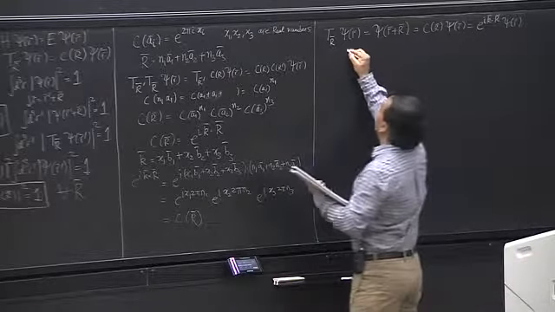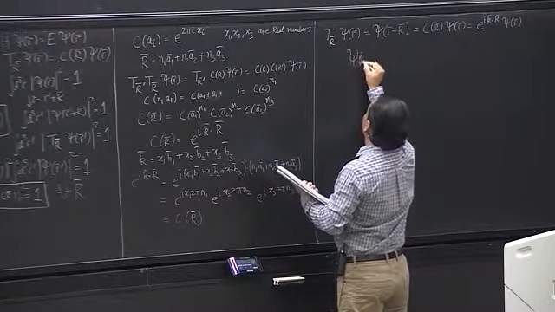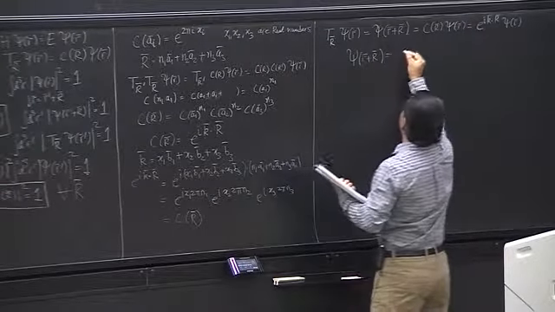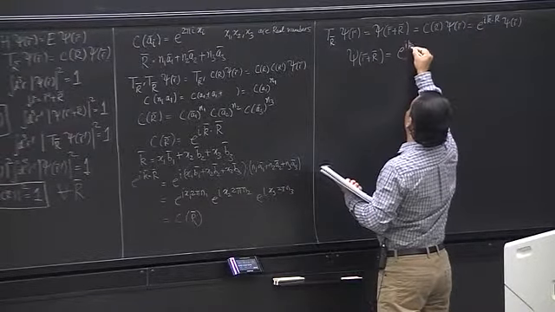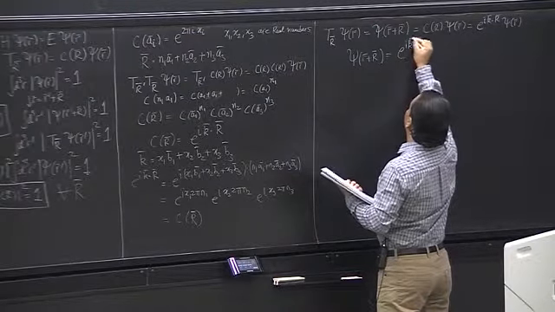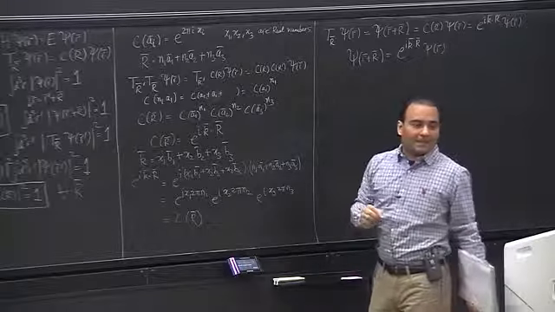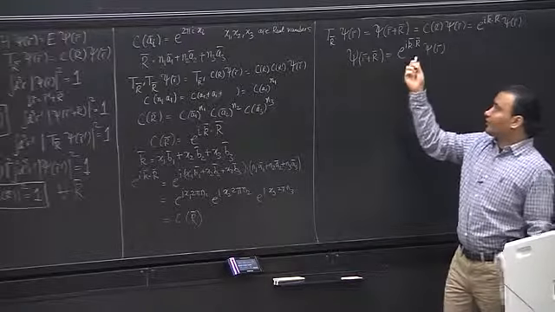That implies that psi of r plus R is e to the power i k dot R times psi of r. This is called Bloch's theorem.